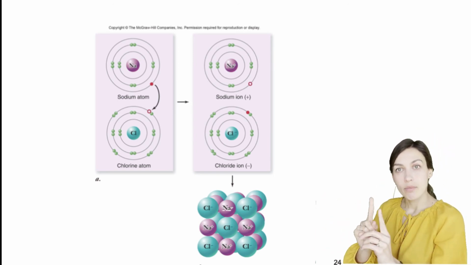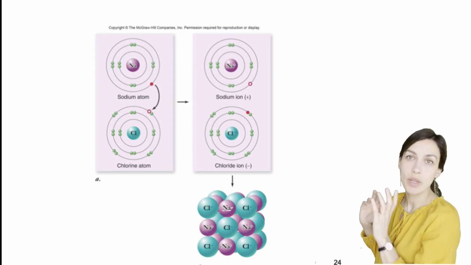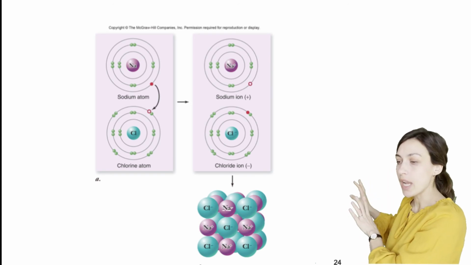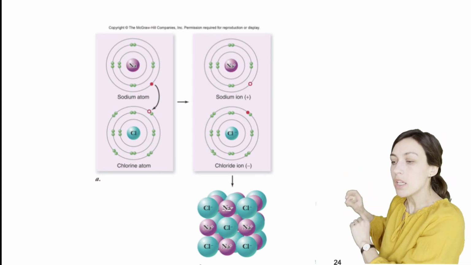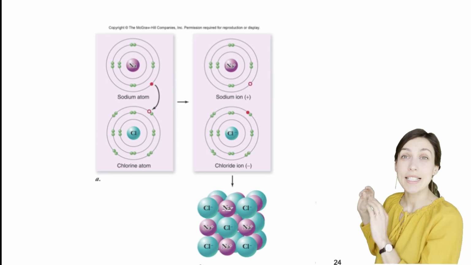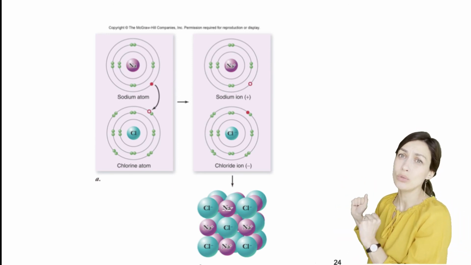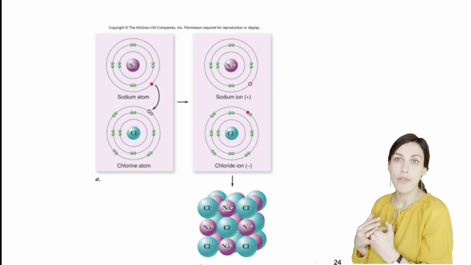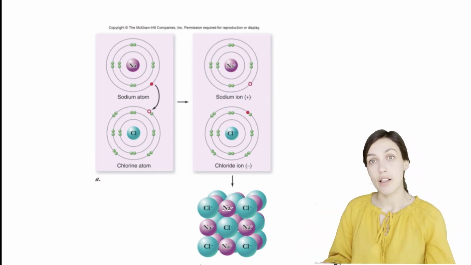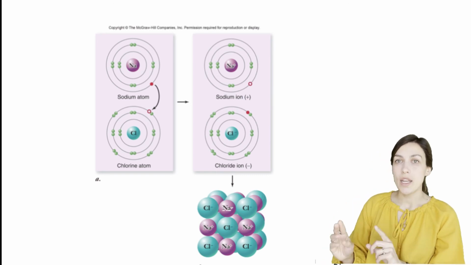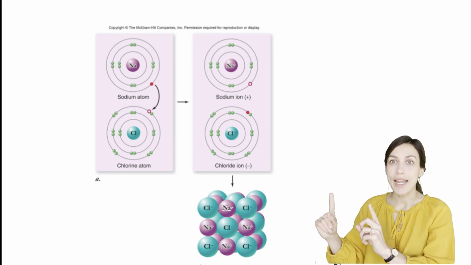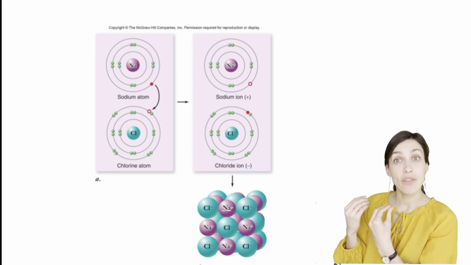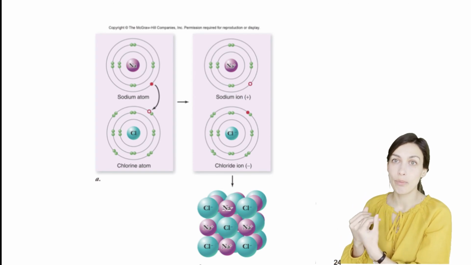Now, let's pause that line of thought, and let's look at chlorine. Chlorine has 7 valence electrons. Oh, so close. If it only could gain 1 more, it would have a full valence electron shell. So when sodium and chlorine happen to be physically close to one another, it's a very convenient situation for both atoms.